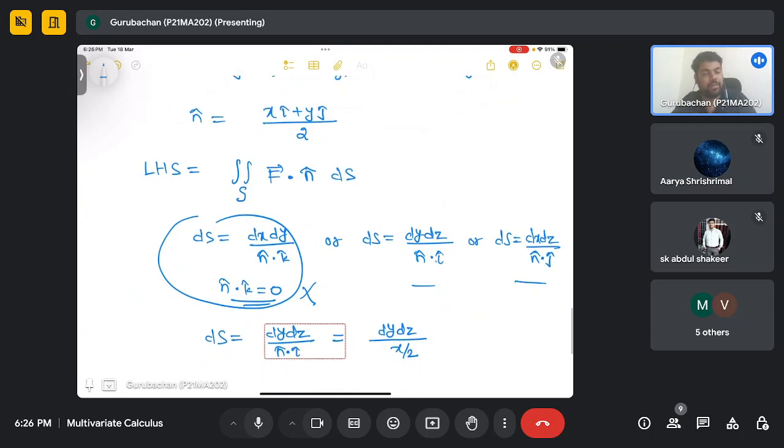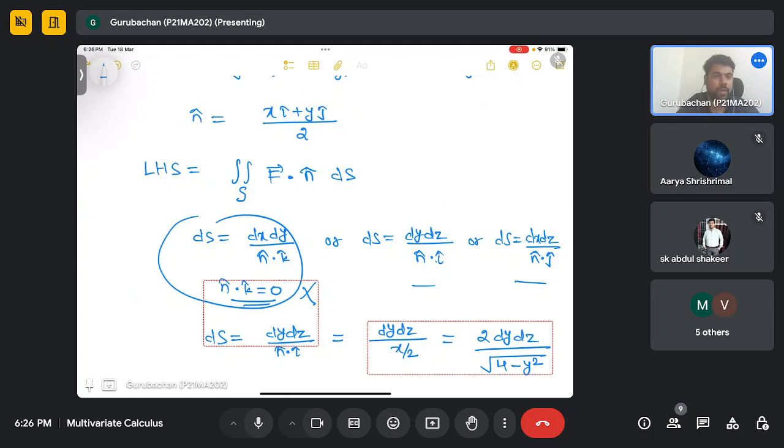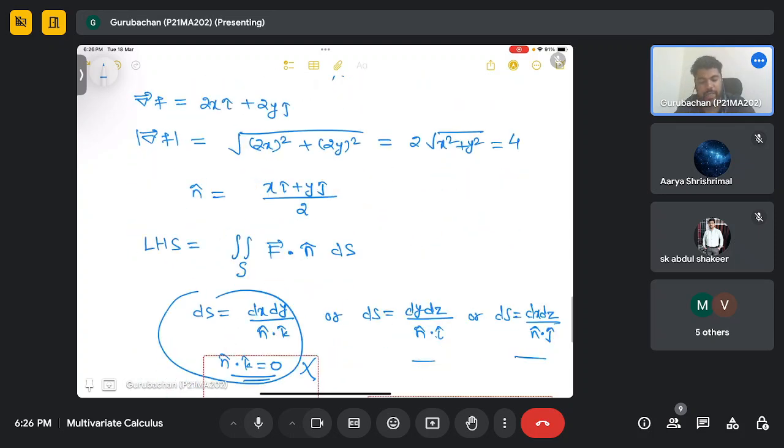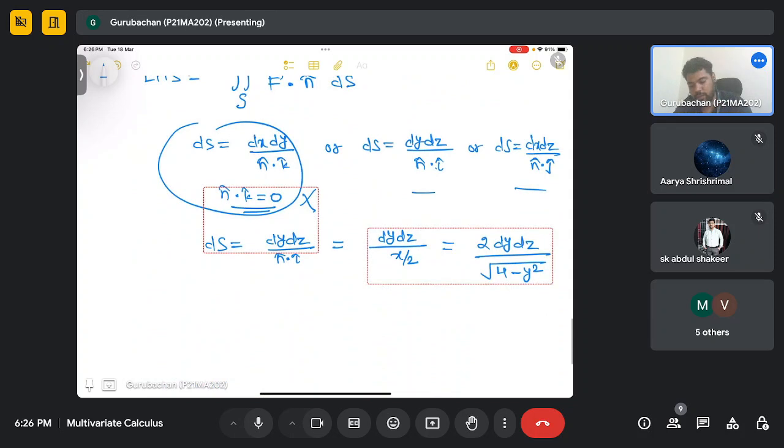And since we are working with y and z, x must be transformed to dy dz divided by under root 4 minus y square, because we have been given that x square plus y square is 4, and we will take the range of x and y accordingly.